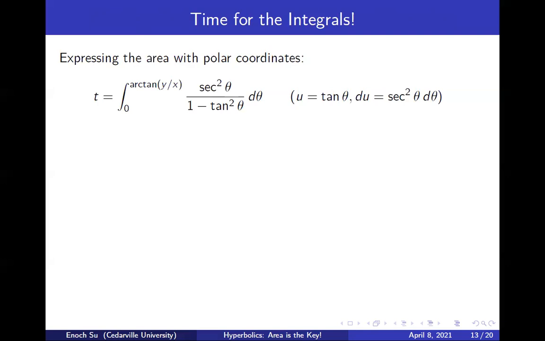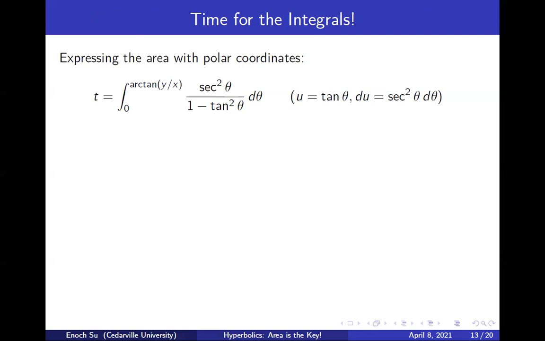Now you may be asking, where did the 1/2 go? Notice we wiped out t over 2, which was just the area of the hyperbolic sector, and we multiplied everything through by 2. And so this is where we're getting this formula. Now notice 0 and arctan y over x just represent angles because theta is an angle. So we start at theta equals 0 and go up to arctan of y over x.